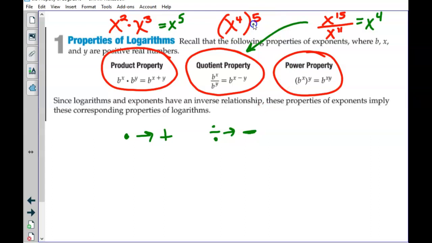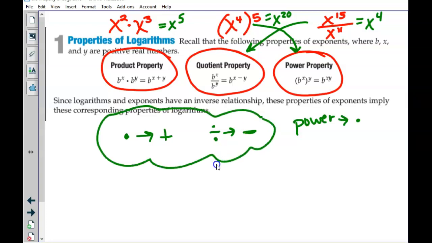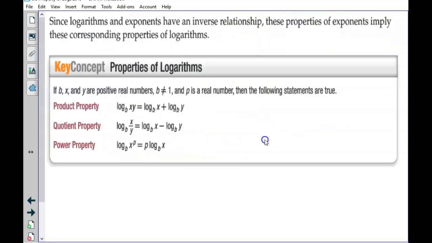And then this one, if you had a power to the power, you did what? You multiplied, okay? Now, you have to be really clear on these two, okay? That multiplying means adding and dividing means subtracting, because we're going to do them the other way around.